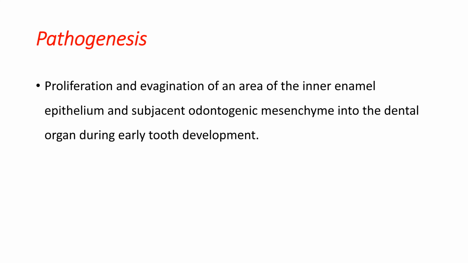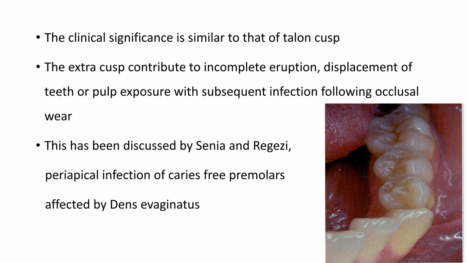So, it has been considered to be the antithesis of the mechanism of development of dens indentae or dens invaginatus. It is the opposite of the pathogenesis of dens invaginatus.